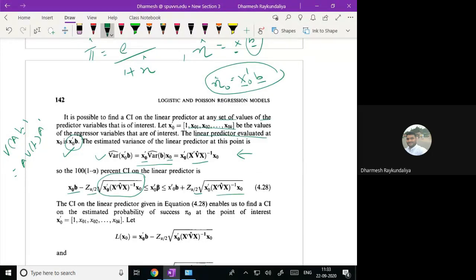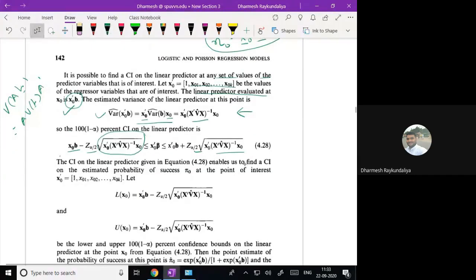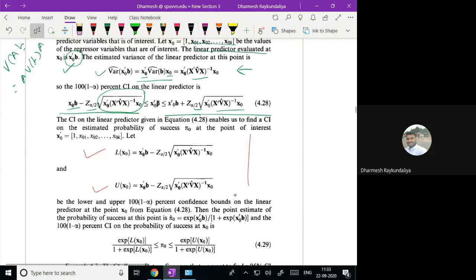This gives the 95% confidence interval of the linear predictor. This is said to be the lower bound, and this is the upper bound. They denote it as L x0 for the lower bound and U x0 for the upper bound. Now if I wish to calculate the probability, what is the estimated probability at eta 0?